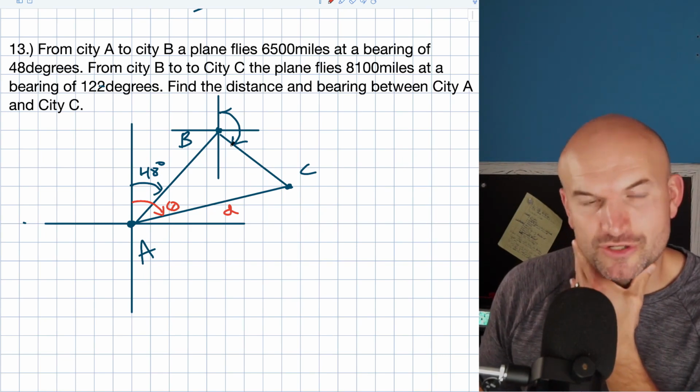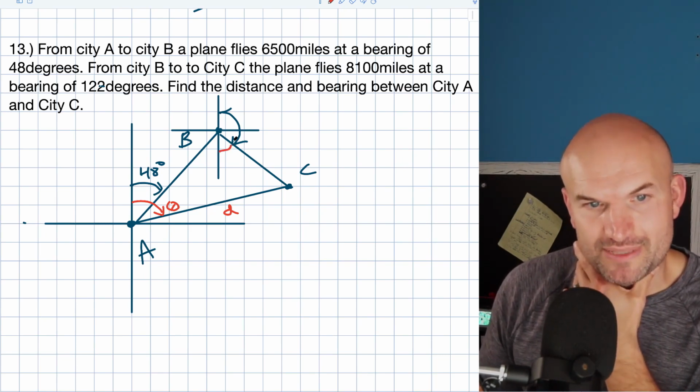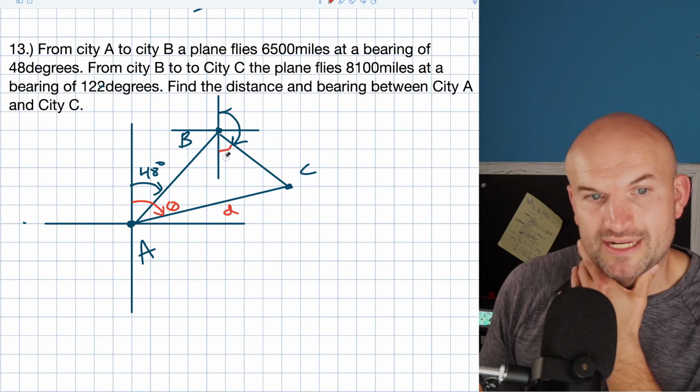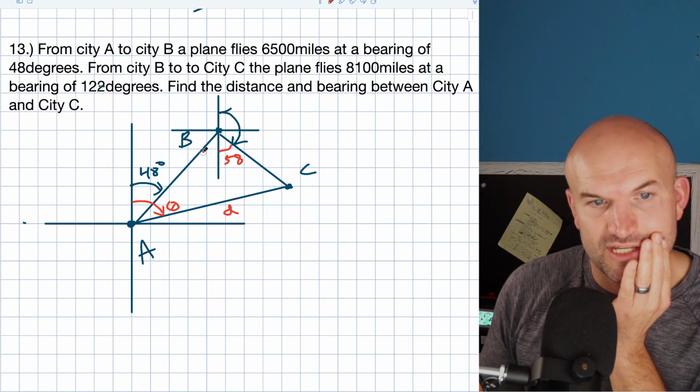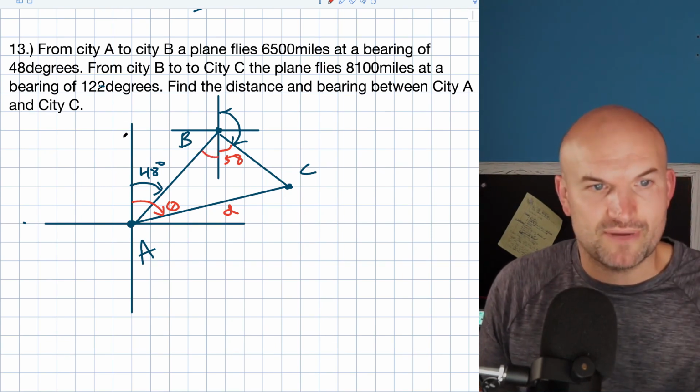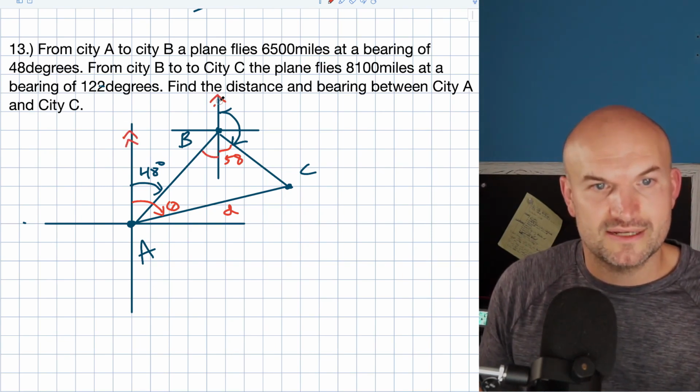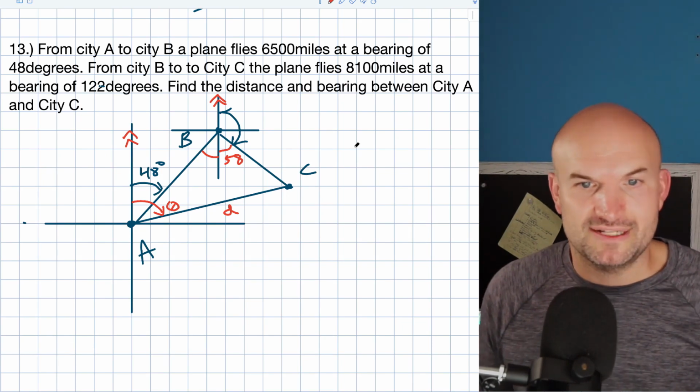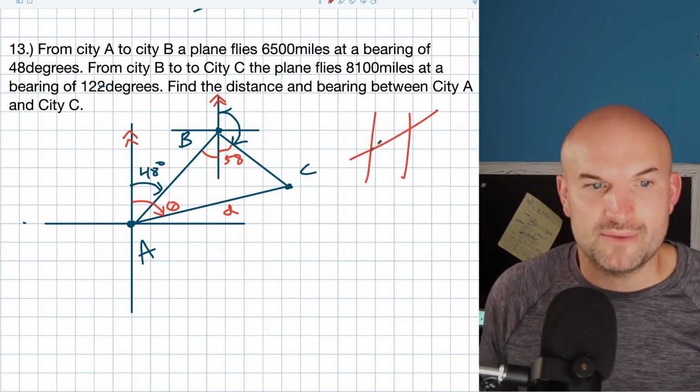So if this is 22 degrees, then what does this angle have to be? Well, 22 plus what equals 180? That's going to be 158, right? If this is 48 degrees, what does that tell you about this one? Because again, notice these are parallel lines. So what I have here are what we call alternate interior angles. Remember that?